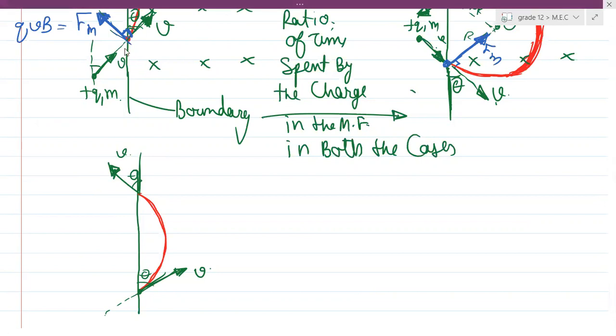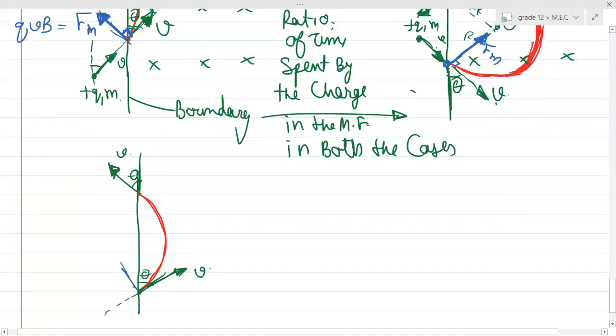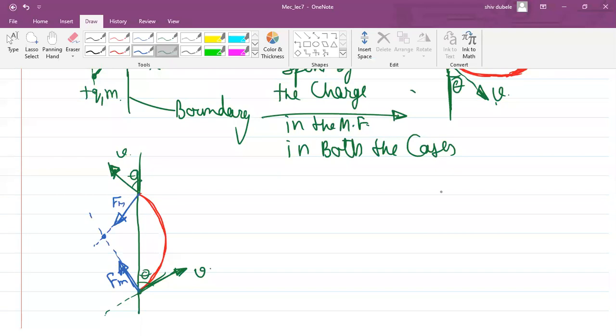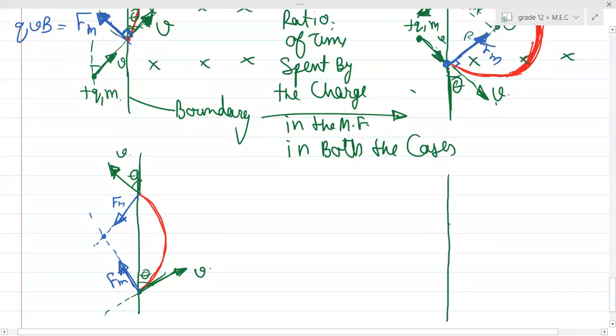And what will be the direction of forces? Direction of forces. This will be a... similarly. In the second case, this was the initial direction of velocity.